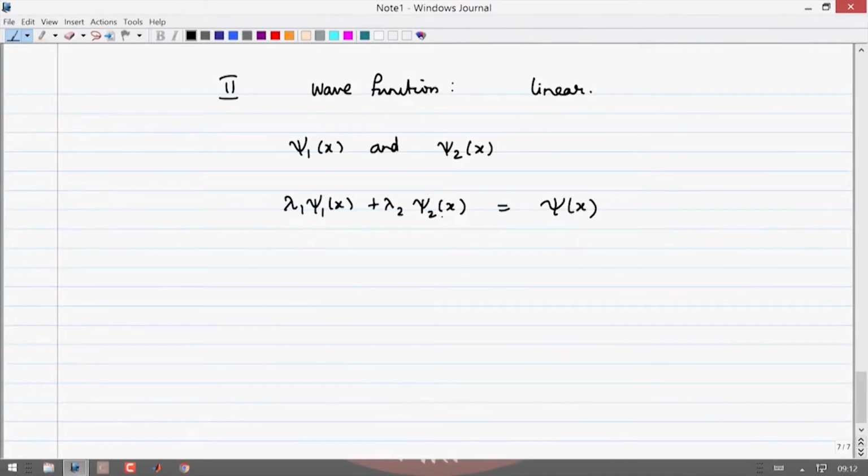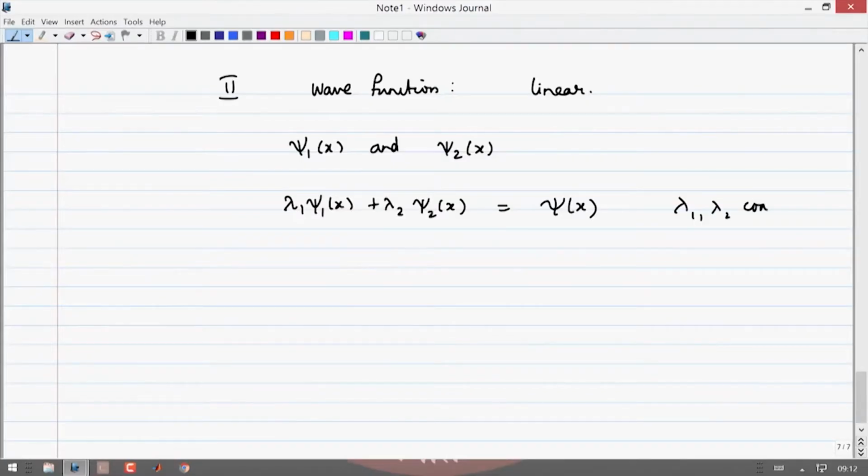This is linearly combining the two wave functions, or for that matter not just the two, any number of them, but they have to be combined as linear with lambda 1 and lambda 2 as constants. They can be real or complex, it does not matter. They have a specific interpretation when we try to normalize this wave function overall and attribute specific properties to these wave functions as eigenfunctions of the operator, whatever Hamiltonian or any operator that we deal with.